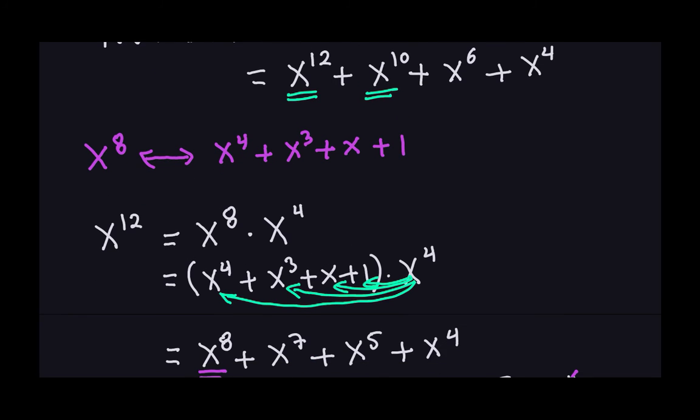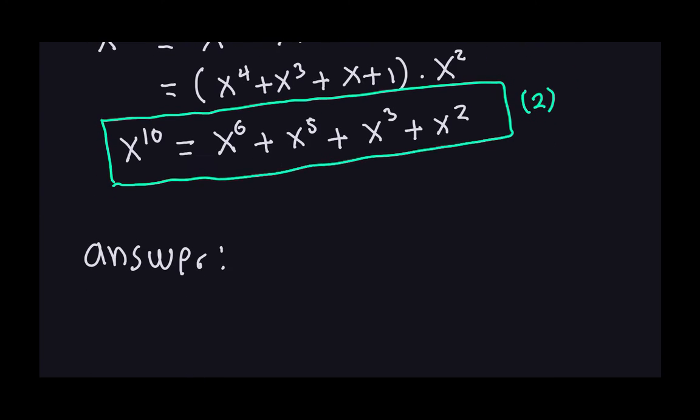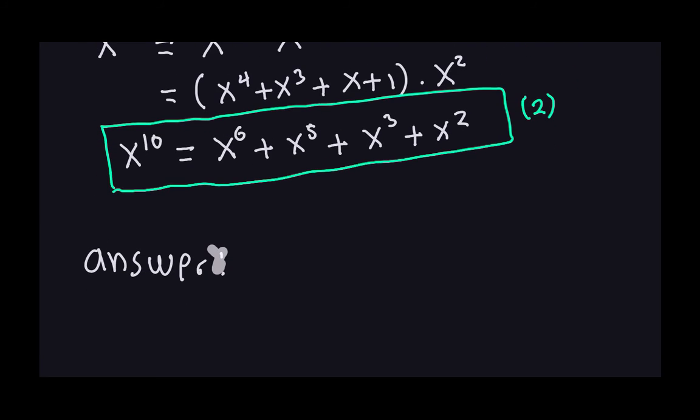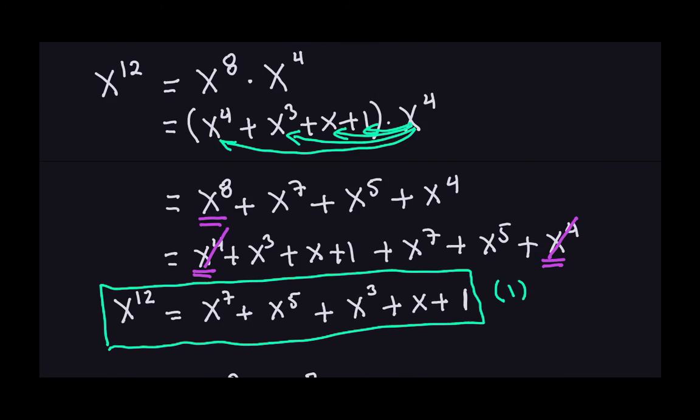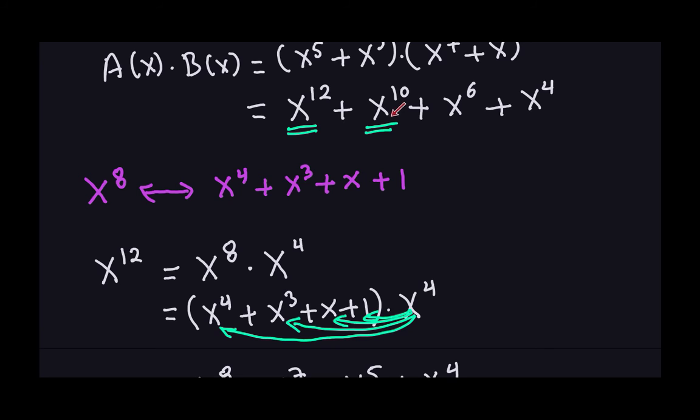So let's do that. Let me erase this part over here. Okay, so I'm going to write down that polynomial. Remember, the answer of the original multiplication is all the way up here. So it's x to the 12 plus x to the 10 plus x to the 6 plus x to the 4.